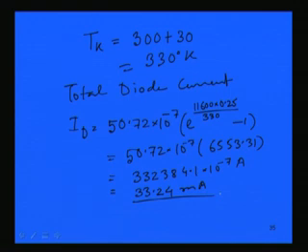We have not changed the biasing voltage; only raising the temperature by 30 degrees centigrade has resulted in the rise of the diode current to 33.24 milliampere from 10 milliampere. So, we have seen the effect of temperature change on the diode current.